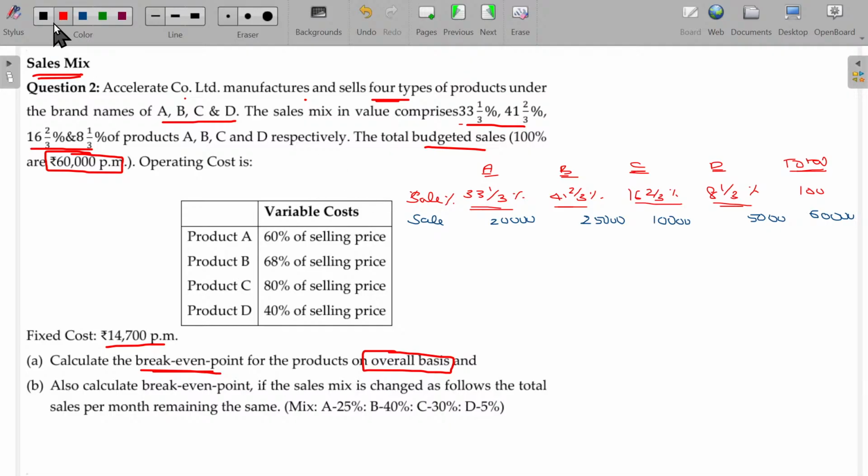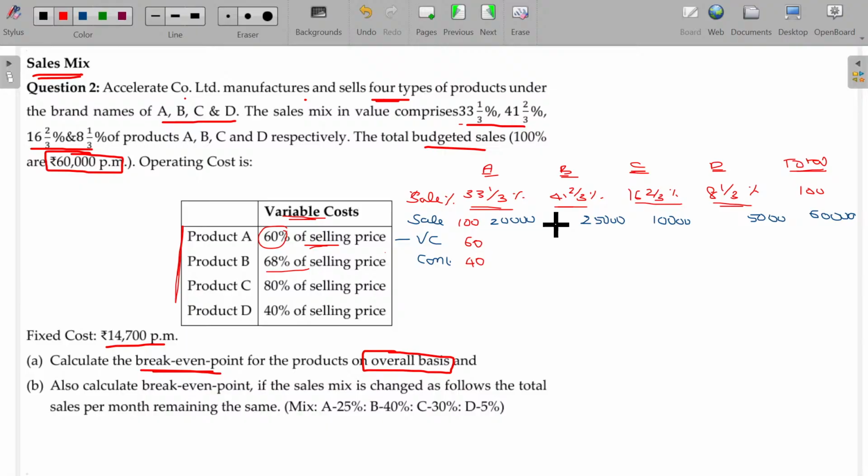Now, sales minus variable cost, you'll get the contribution. The proportion of variable cost for these products on selling price is given. For product A, 60% on selling price is the variable cost. If the sales is 100, variable cost is 60, contribution 40.